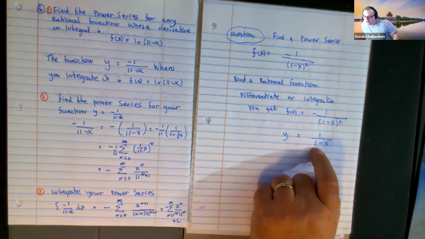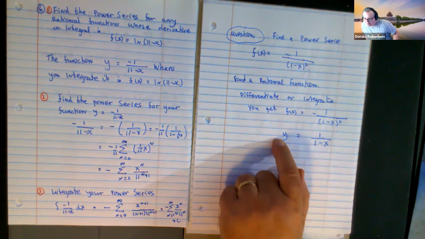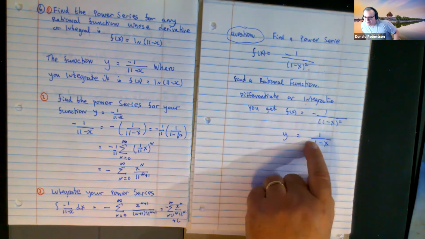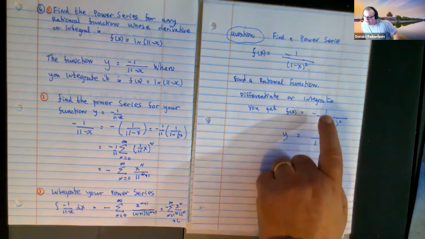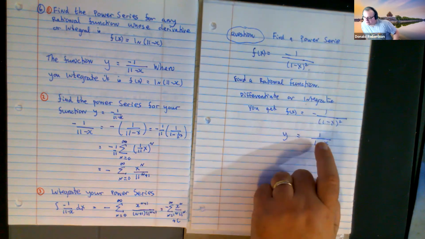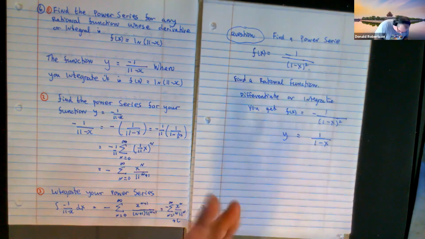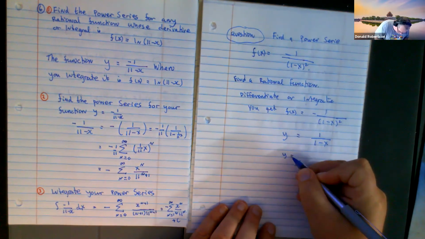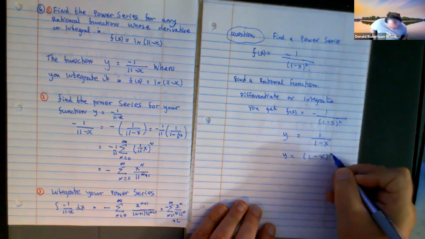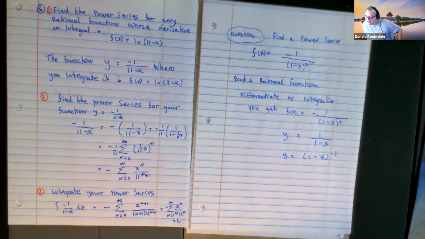Now, let's just take this guy and check him out. I'm saying that this function, when you differentiate it, gives you this guy, right? So I'm trying to find a function that if I differentiate it, I get this guy. So when we call this guy that guy, we've got a differentiation hat on.